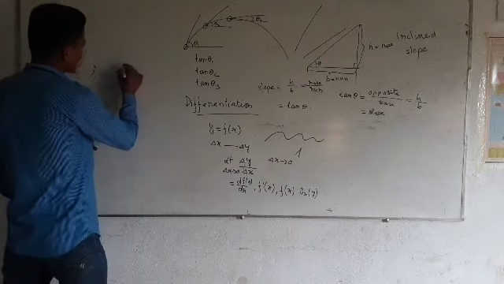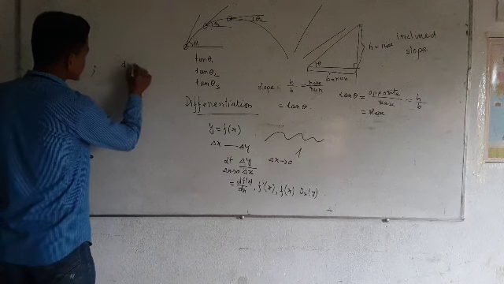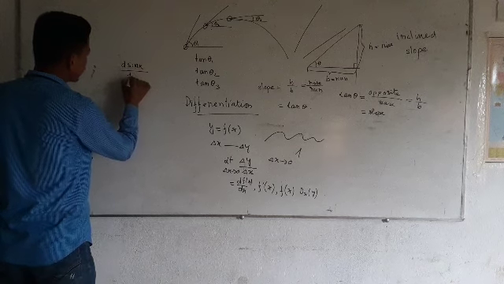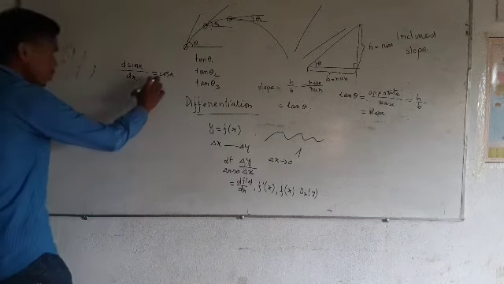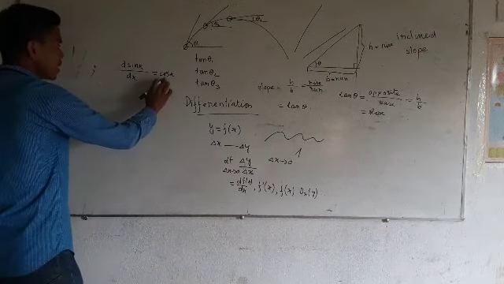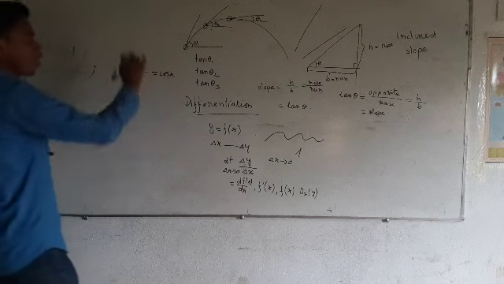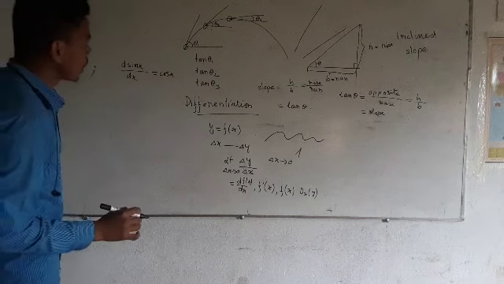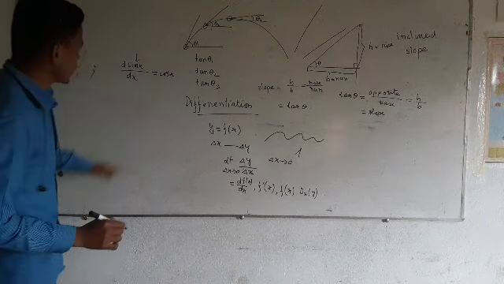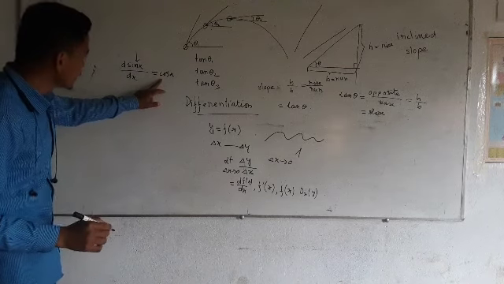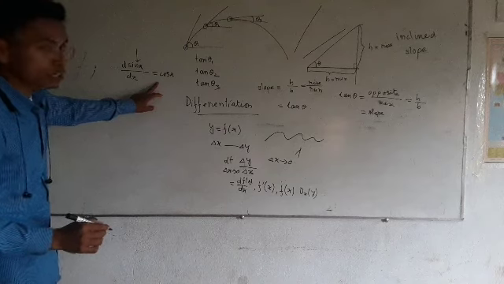We know that differentiation of sine x with respect to x is equal to cos x. This cos x is the general expression of the slope of the original function sine x. Let's see if this is true or not by taking 2 or 3 points.